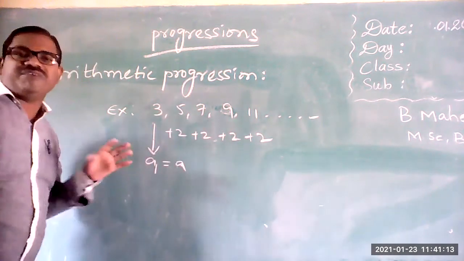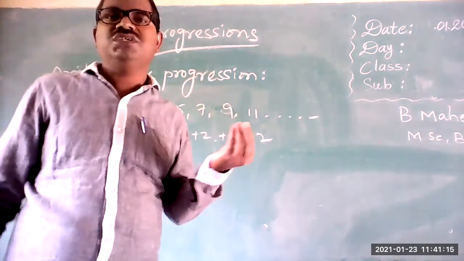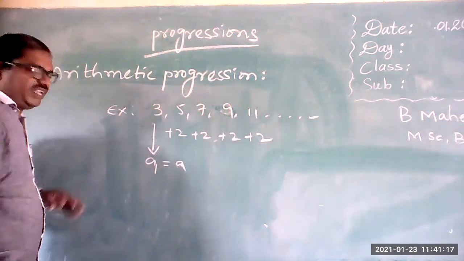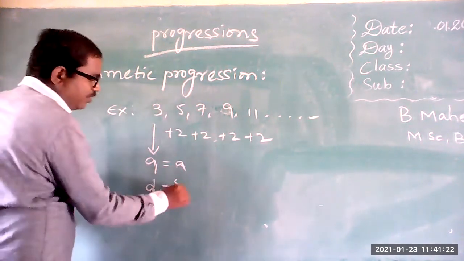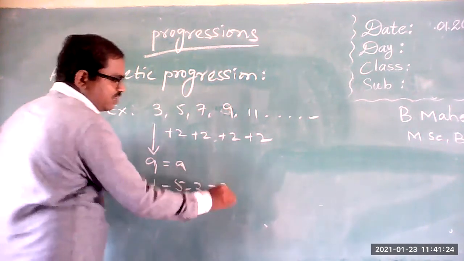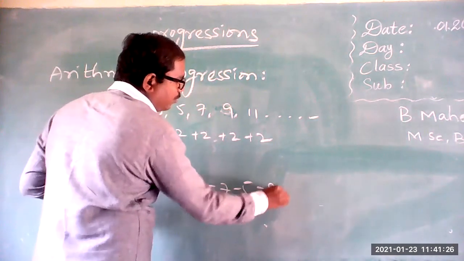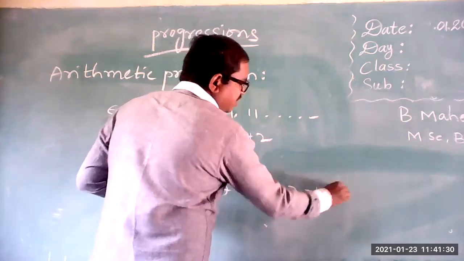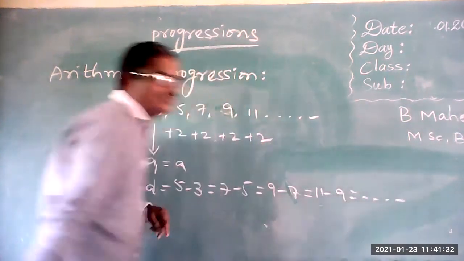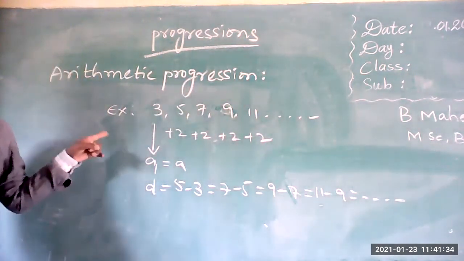The difference between two successive terms is the same, and this is called the common difference. So 5 minus 3 is equal to 7 minus 5 is equal to 9 minus 7 is equal to 11 minus 9 is equal to, and so on. This type of arrangement is called an arithmetic progression.